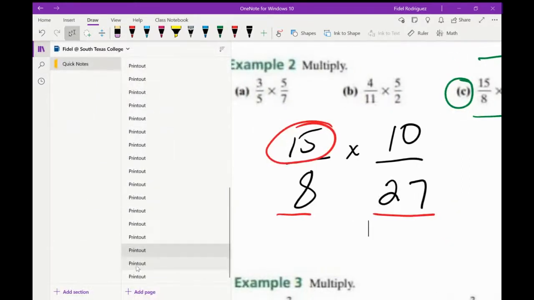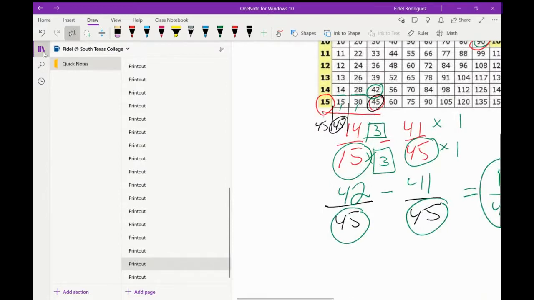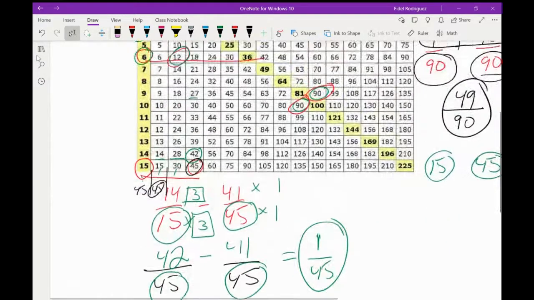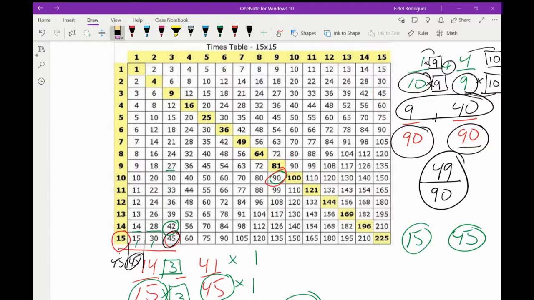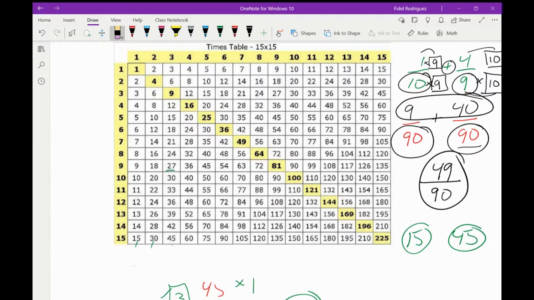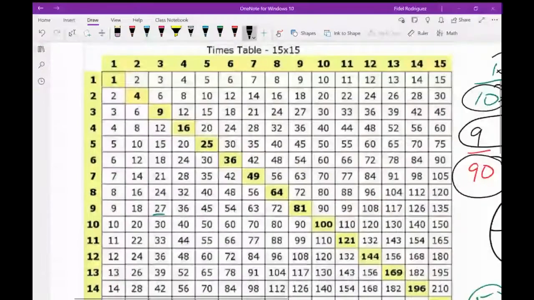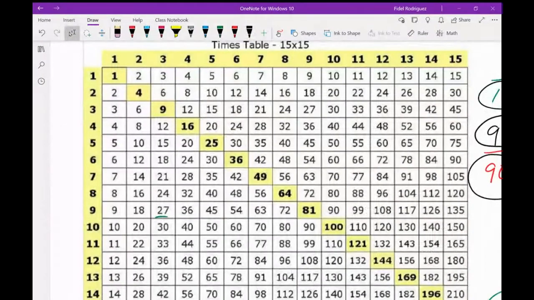I'm going to get my multiplication table out one more time. Okay? And the two numbers that I was looking at were 15 and 27. So let me just clean this up a little bit. There's a lot of mess here. Okay, and so what I mean by a common factor is I'm going to look at my table and I want to see if I can find the number 15 anywhere.